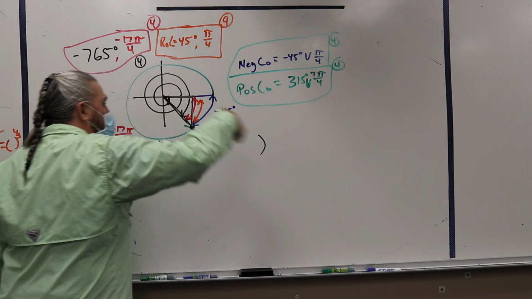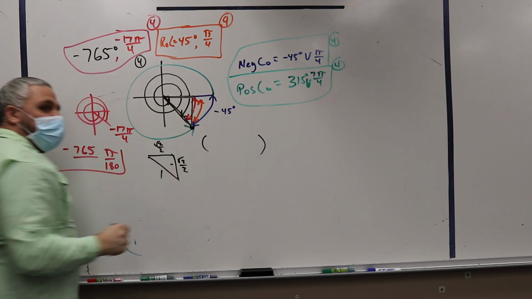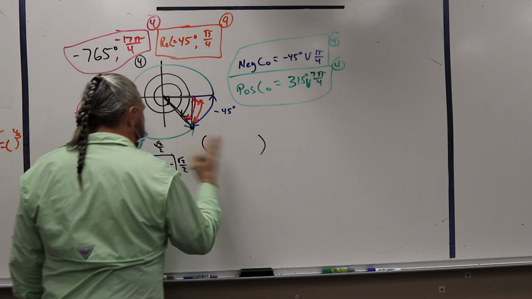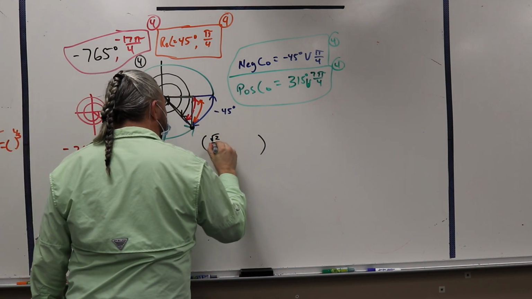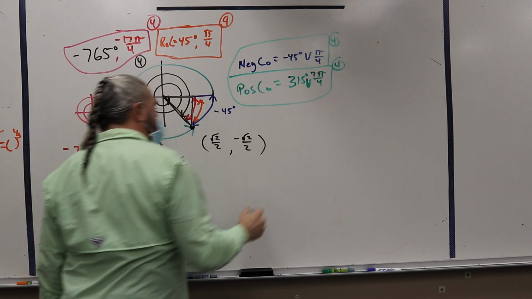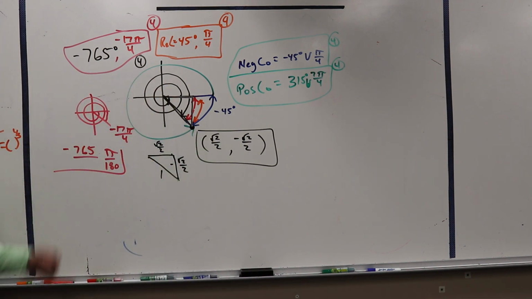This is positive, but this is negative, so it went down negatively. So my x is square root 2 over 2, my y is negative square root 2 over 2. And that is my coordinate system, and that's 4 more points.